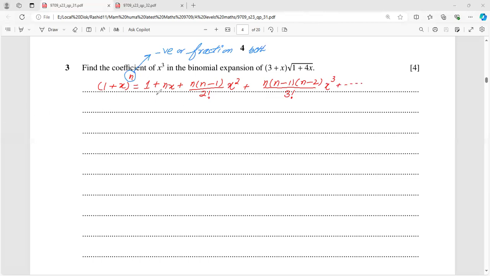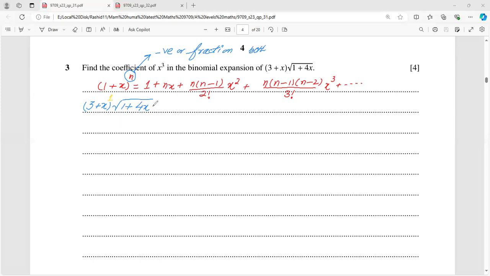According to my question, that is given as (3 + x) times the square root of (1 + 4x). There are two expressions which are multiplying. The first expression having the power 1, the second expression having the power 1 by 2.